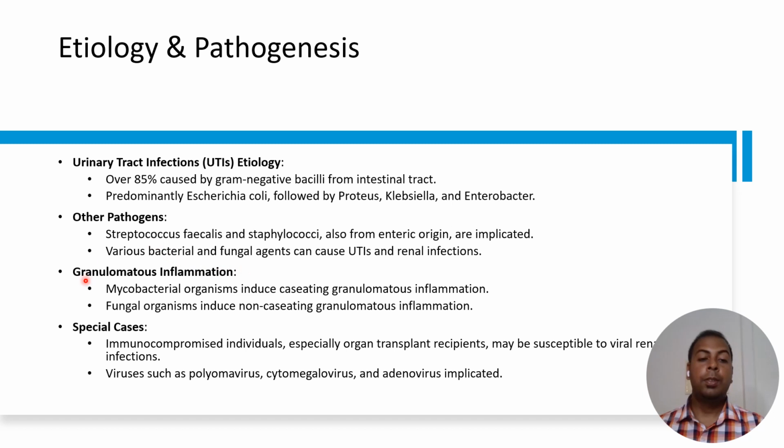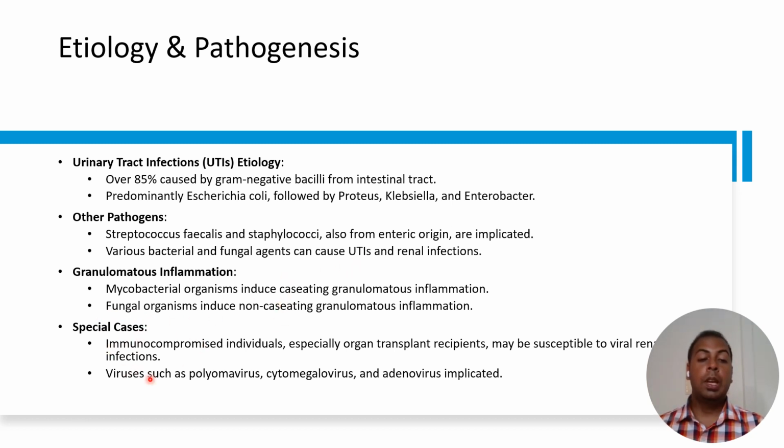If we see some sort of granulomatous inflammation, if it's caseating granulomatous inflammation, think of mycobacterial organisms like tuberculosis. And if we see non-caseating granulomatous inflammation on pathological specimen, we should think about fungal organisms as causing the infection.